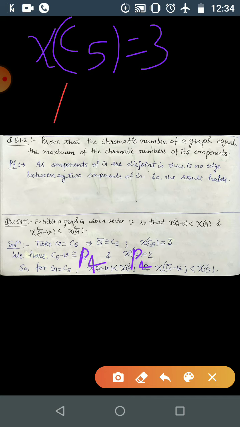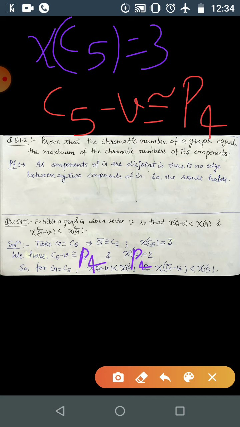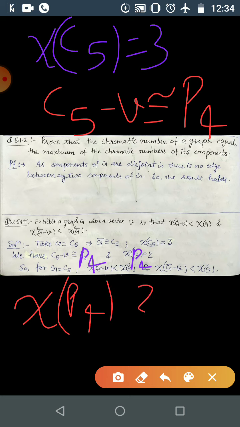So C5 minus some vertex will be isomorphic to P4, a path of order 4, and the chromatic number of P4 we know is 2, and this is strictly less than this one, correct. If you remove one vertex from this one, this is strictly less than this one. And we also need to show that for the same graph, the chromatic number of G complement minus v is strictly less than the chromatic number of G complement.